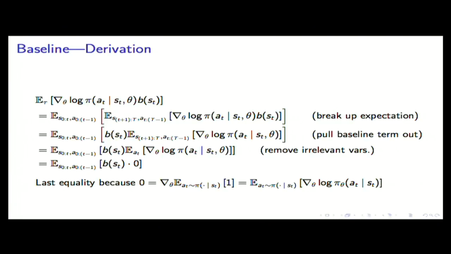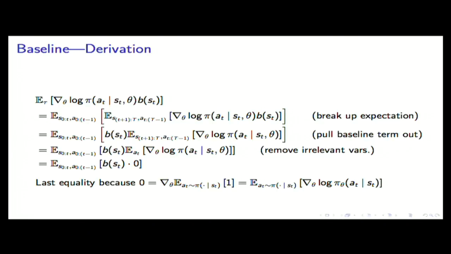Those are our two nested expectations. The baseline gets sampled before all of these variables, so we can move it outside the expectation. All that we're left with inside of the expectation is this grad log probability term.